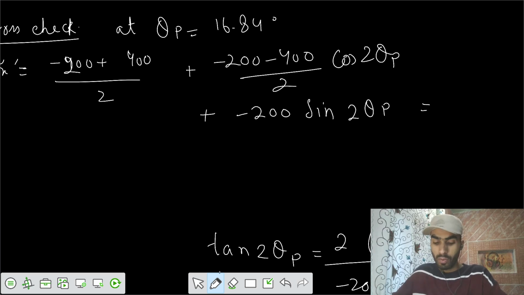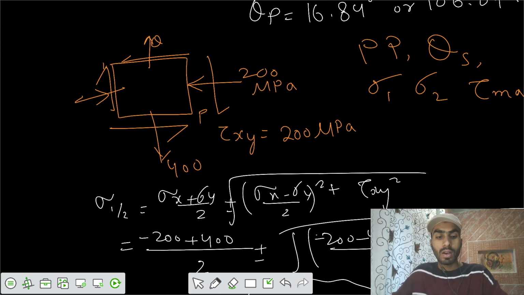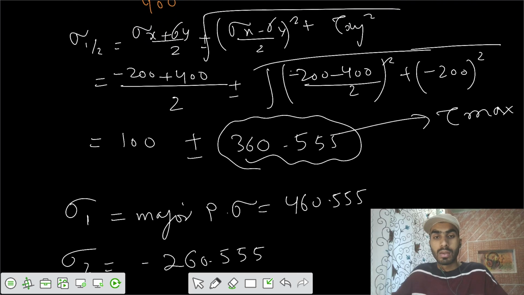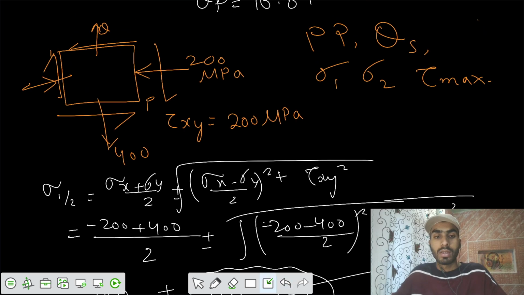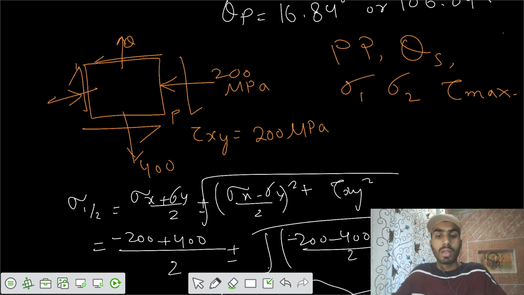Sigma x is minus 200, sigma y is plus 400, and tau xy equals minus 200. So you get a value of minus 260.555. That's similar to what we got. So we got sigma 2 equals minus 260.55, the minor principal stress.